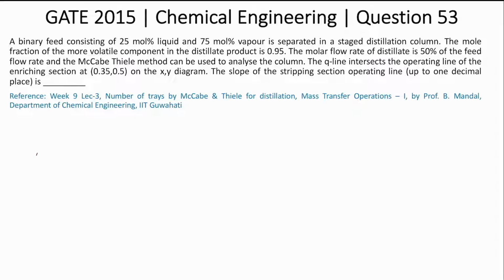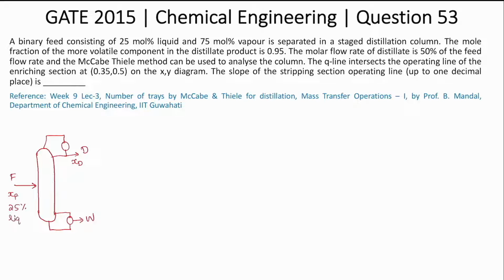So let us start with a demonstration of a distillation column. We have the feed, 25% liquid and 75% vapor, so Q is equal to 0.25, with its composition XF. Then we have the distillate D with its composition XD, and the bottoms, the residue W, with its composition XW.